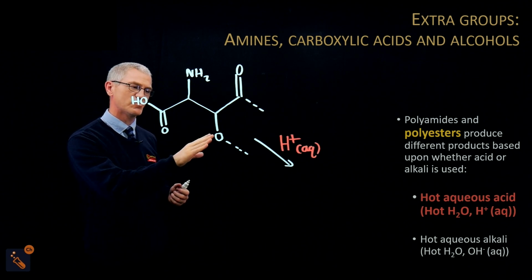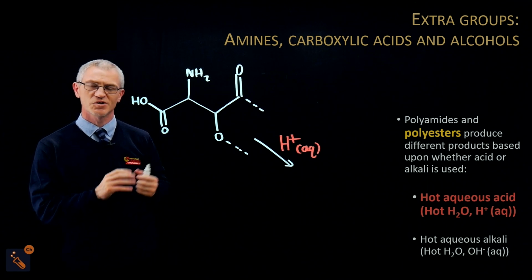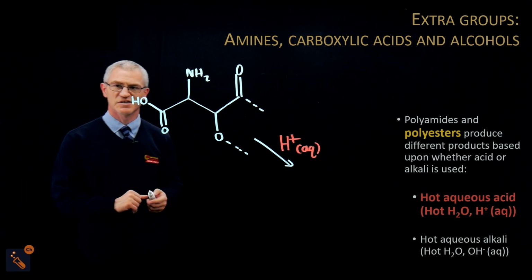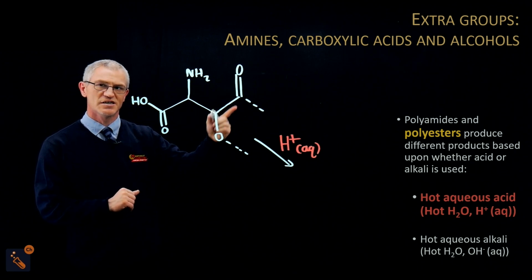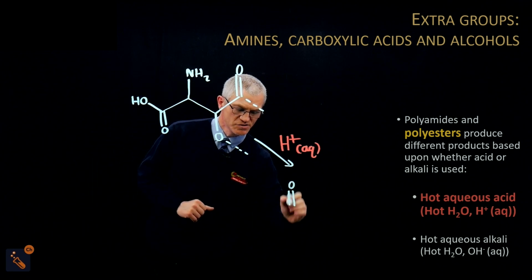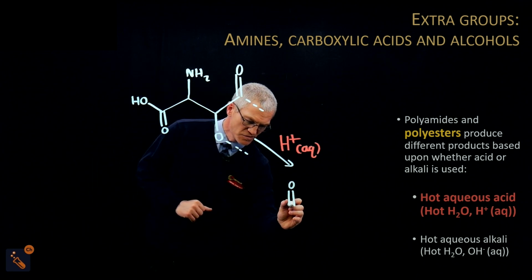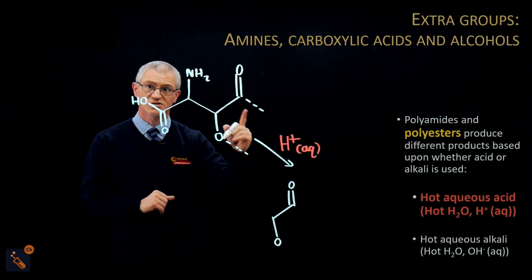We're going to see what happens if you use aqueous acid here. And we're going to do exactly the same thing as we've done again. Okay, we're going to break this. We know this is the ester. So we're going to break it and redraw it. Okay, so there we go. I've taken off those little dotted bonds.